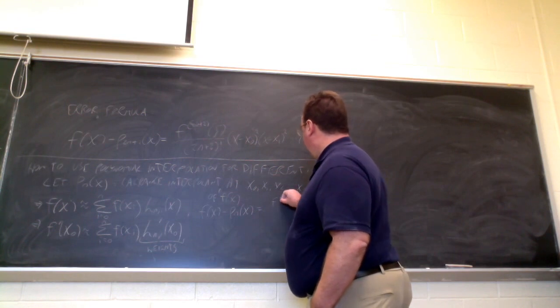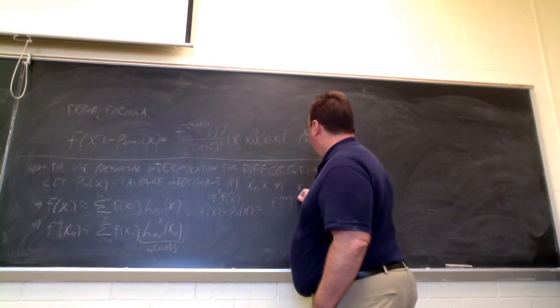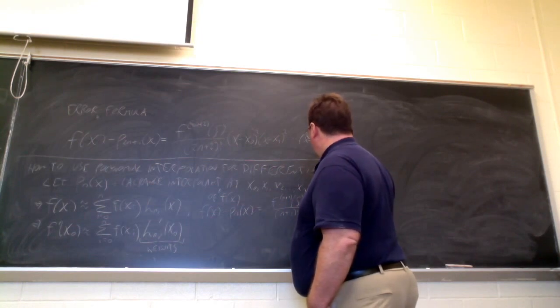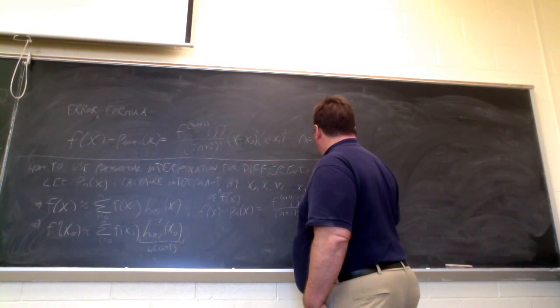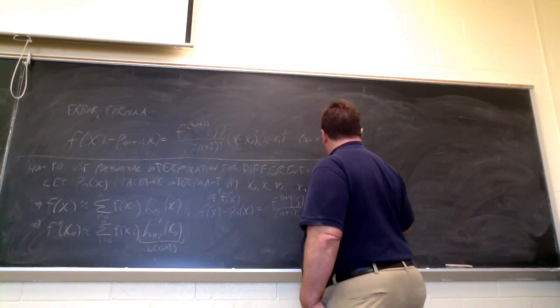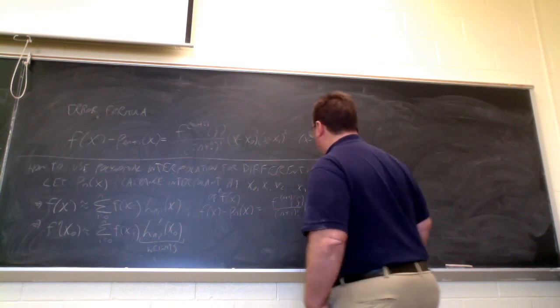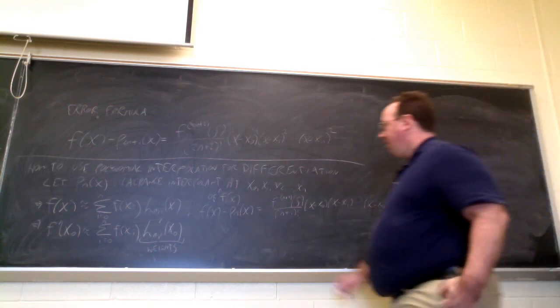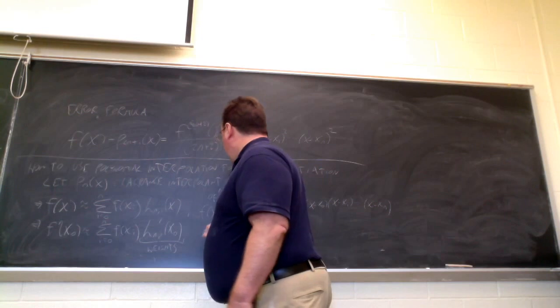So it's the n plus first derivative at an unknown point over n plus 1 factorial, then x minus x naught, x minus x1, etc.